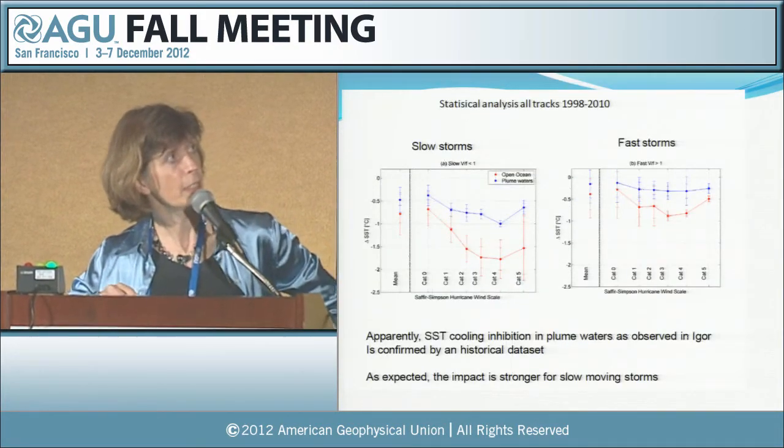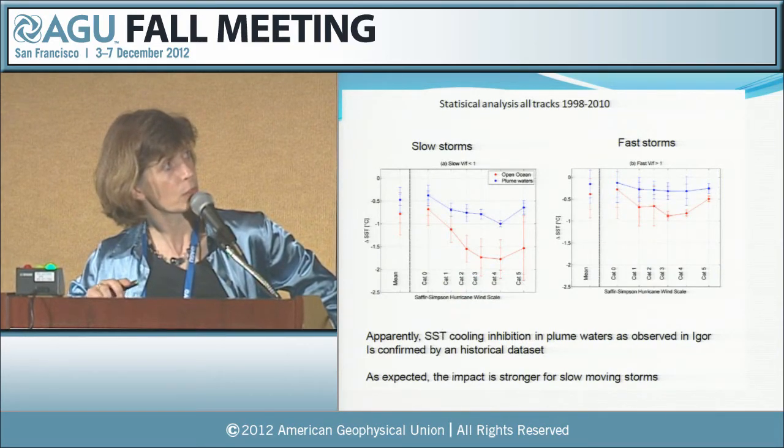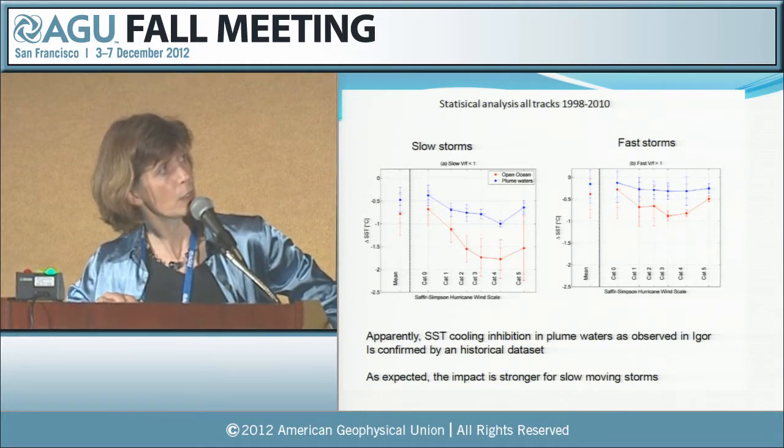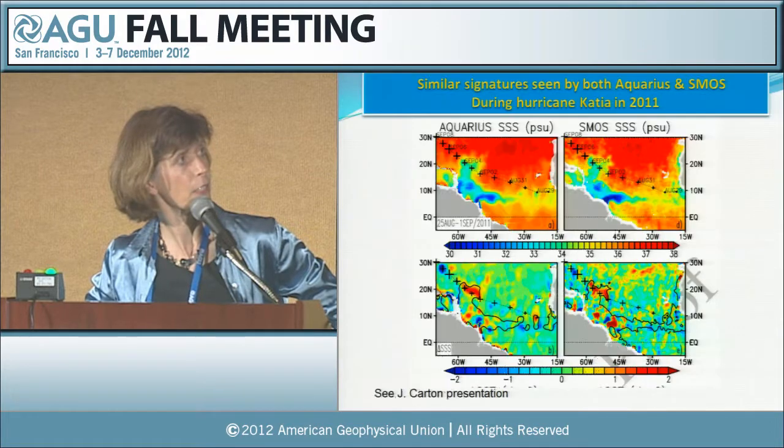And when compiling all the storms, you have here the cooling for slow storms and here for fast storms. They always observe that over the open ocean, the cooling was stronger than over the plume waters, very likely due to the barrier layer effect.